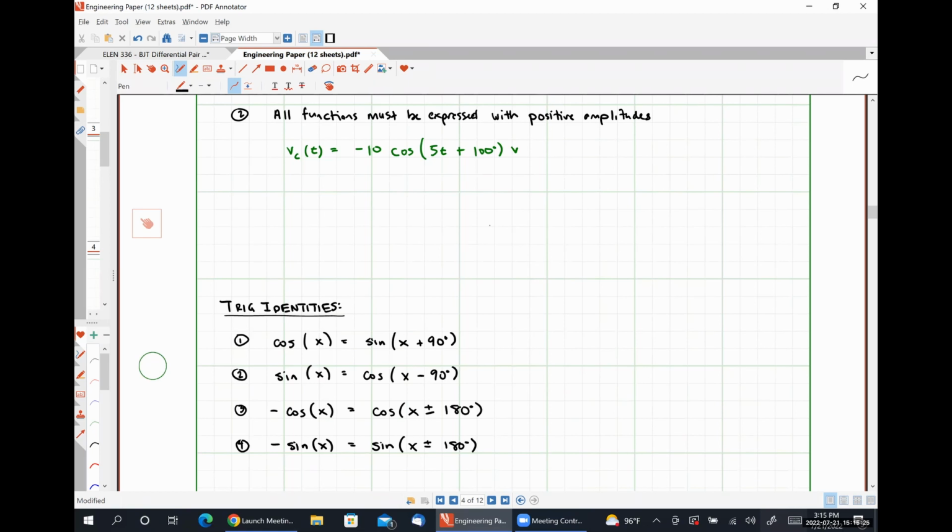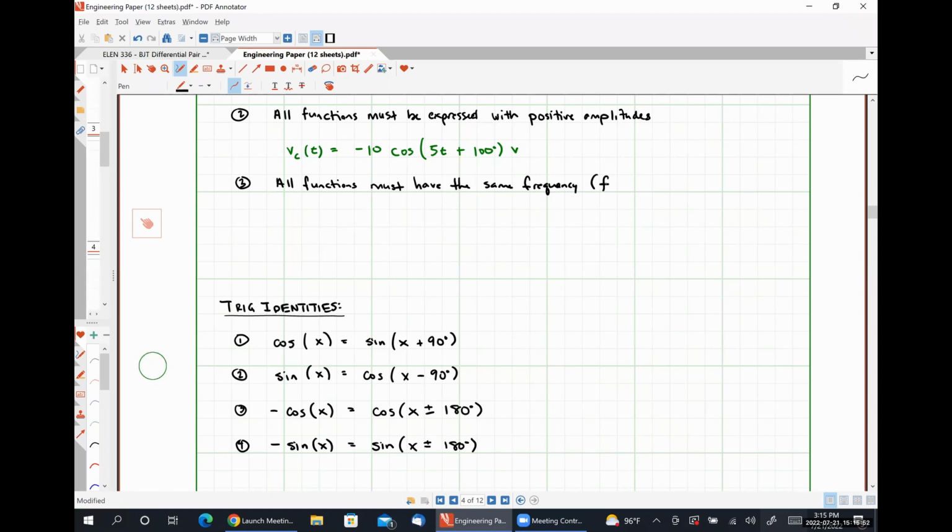Our third and final criterion for comparing sinusoids is that all functions must have the same frequency.